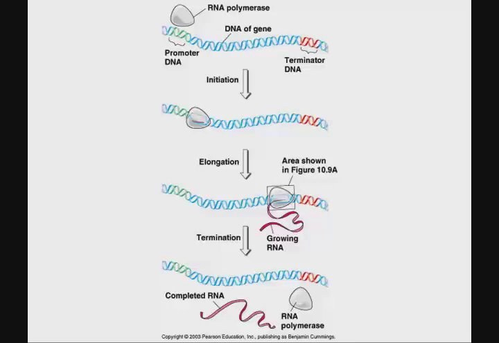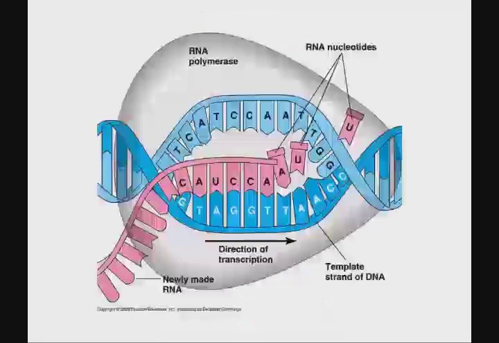Right? So we initiate by binding to the promoter region of the DNA upstream of the gene. And then this enzyme actually opens up the double helix and can then build an RNA molecule using one of the strands of the double helix as a template through Watson-Crick base pairing. And it's literally going to move down the entire gene, building the RNA molecule, and then fall off when it gets to the termination sequence.